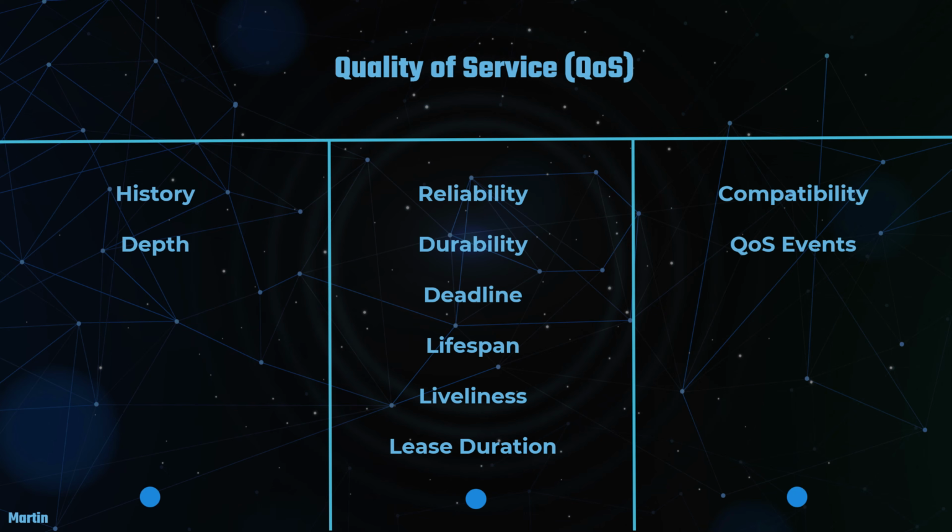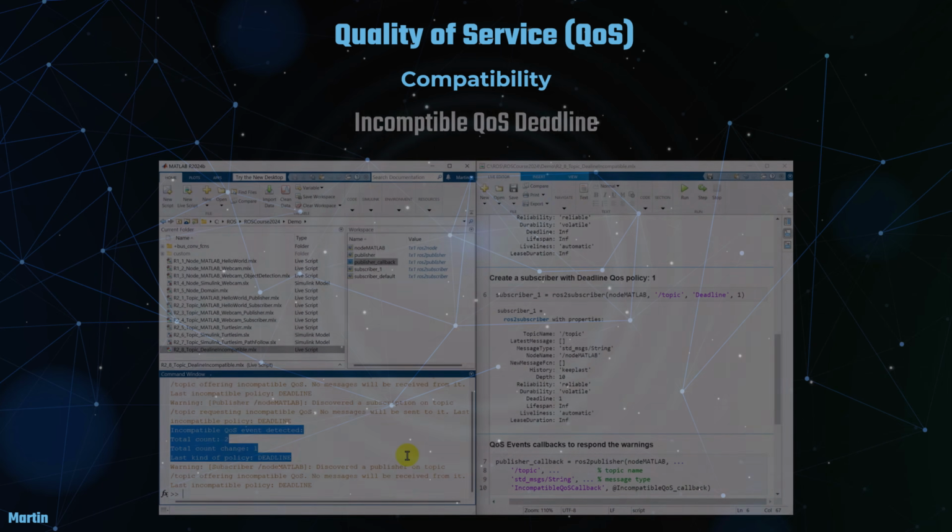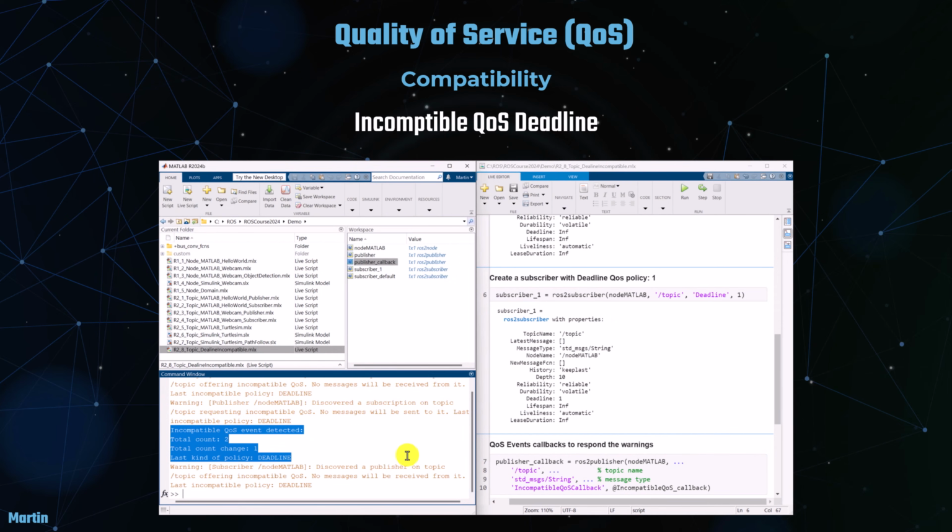Next, we will explore the QoS compatibility. Here is a compatibility matrix that summarizes the QoS settings. Please pause the video to take a look. We will examine an example that showcases an incompatible QoS policy, the deadline.